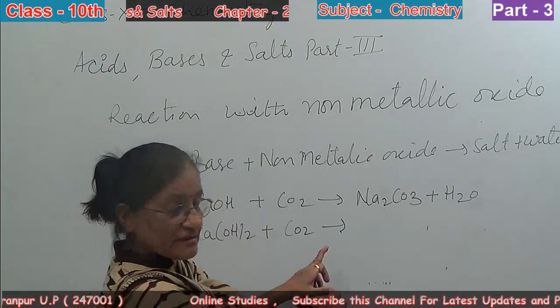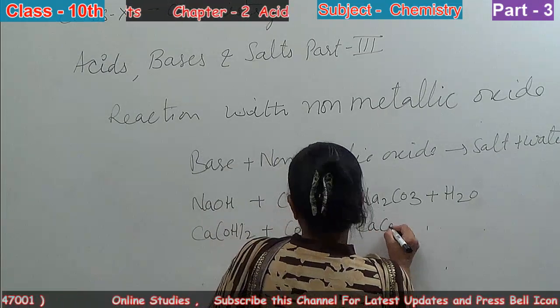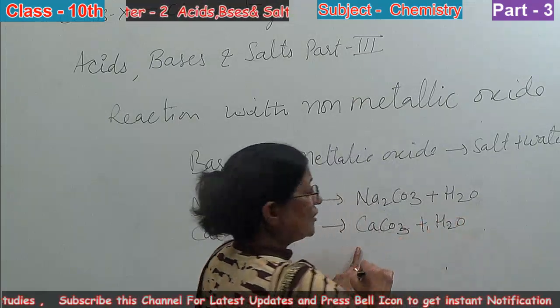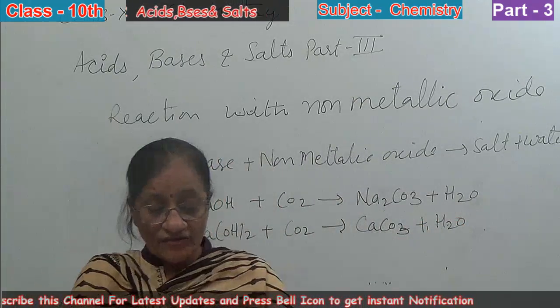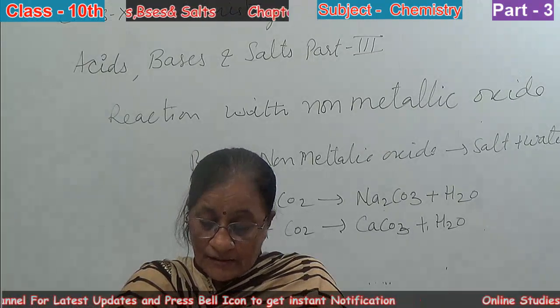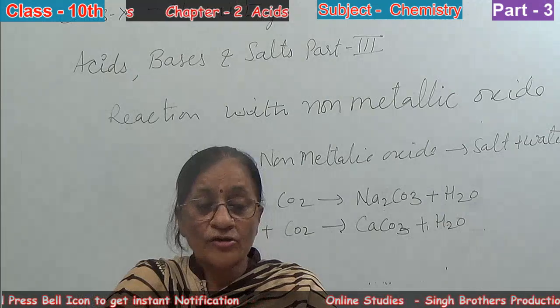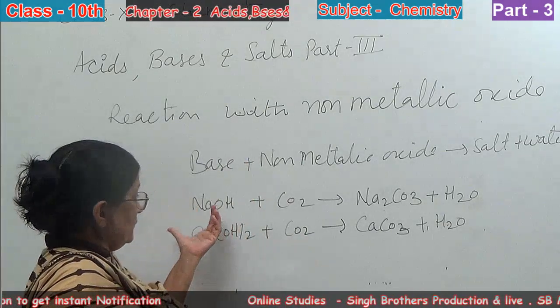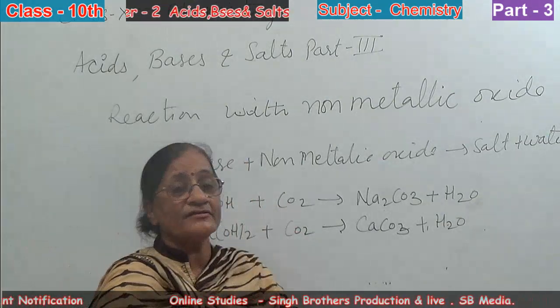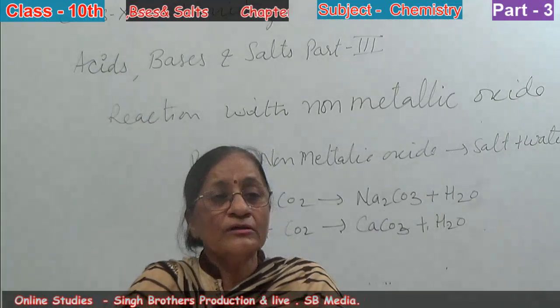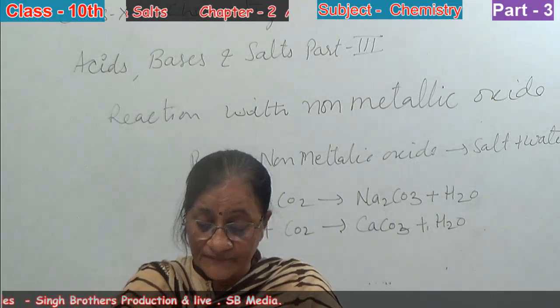It forms CaCO3 plus H2O. Calcium carbonate and water are formed. In this reaction you see that non-metallic oxides are acidic in nature, meaning they act as acids, and like that they form the salt and water.